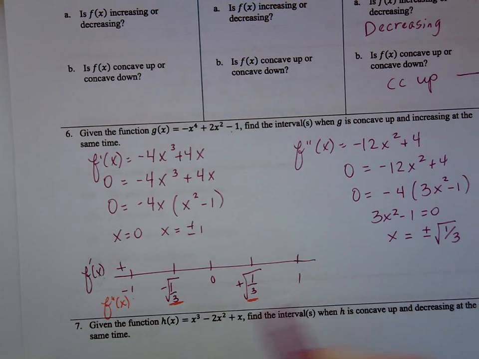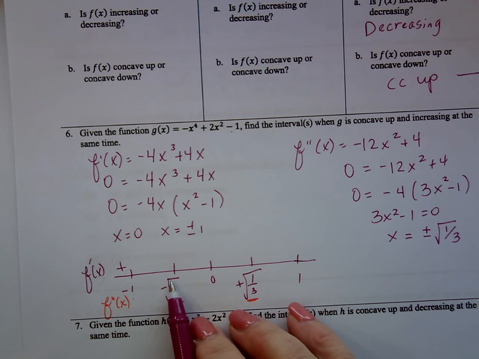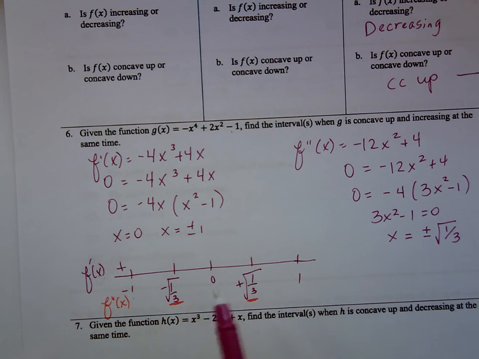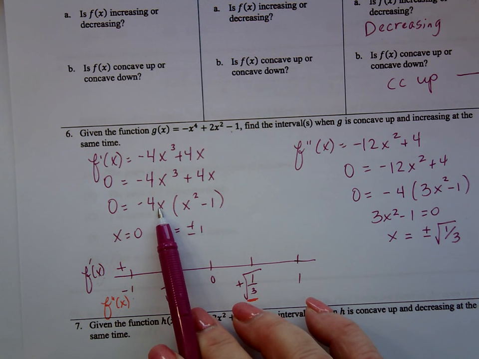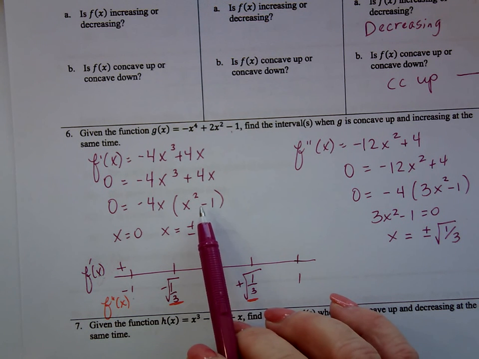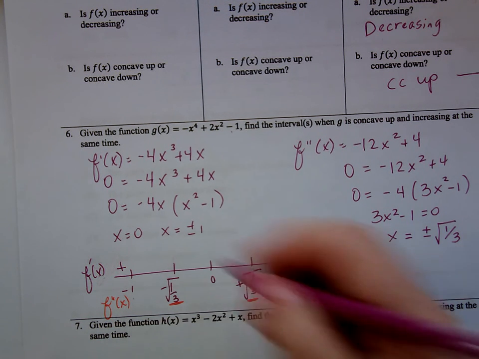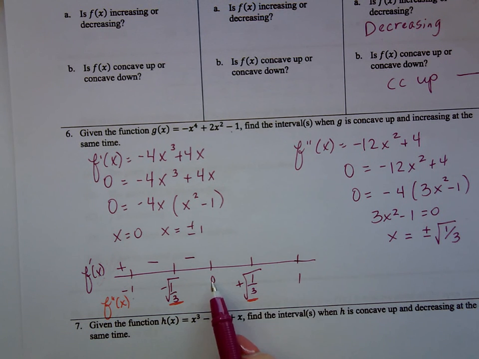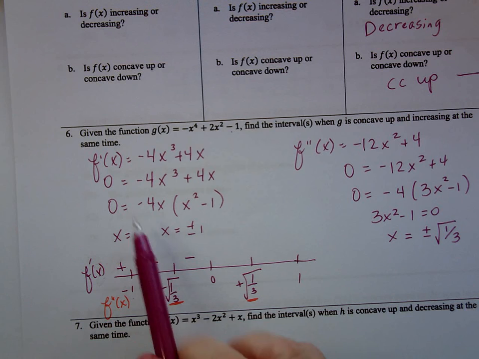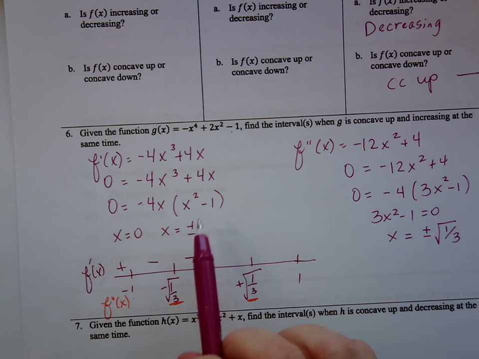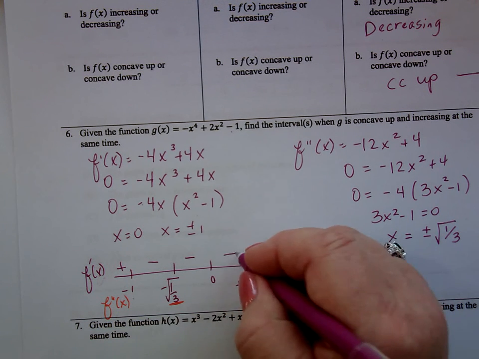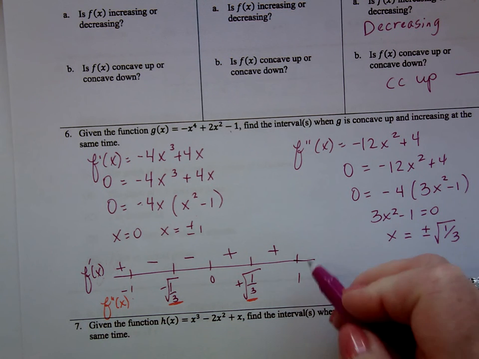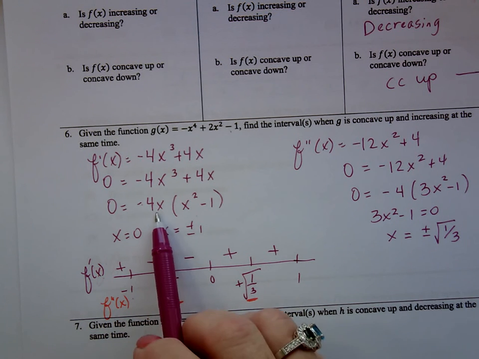All right, if I go in between negative 1 and 0, like negative 0.5, when I put that in, I get a positive and a negative, and so I end up with a negative until I get to 0. And then if I put in a positive 0.5, now I have a negative and a negative, that's going to make this positive until I get to 1. And then when I'm to the right of 1, I am putting in a 2, and I have a negative times a positive, so now I'm back to negative.